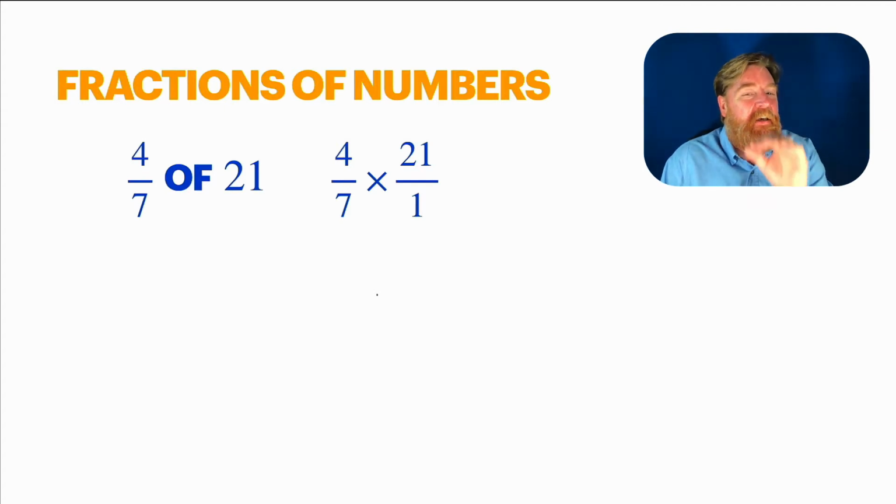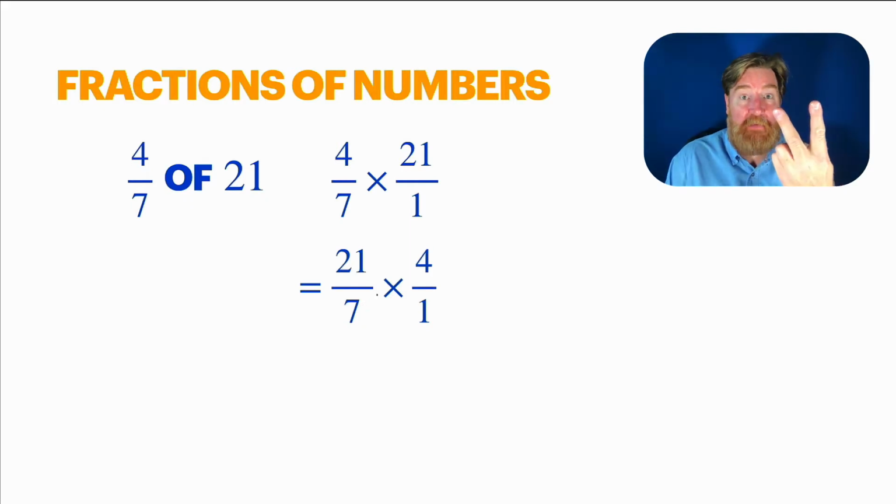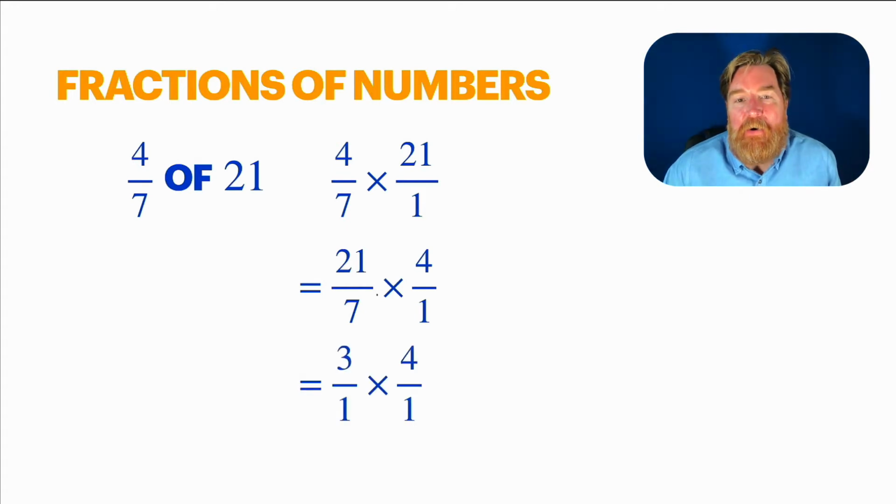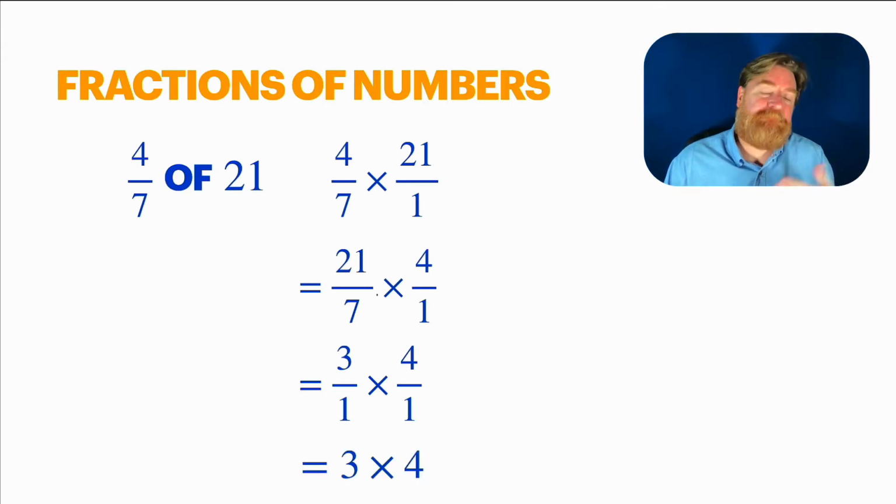And I see it would be nice to get that 21 and 7 together because I could simplify that pretty quickly, right? So let's use the commutative property and commute the top factors. So 4 times 21 is 21 times 4. You got that. Now, 21 over 7, well, that's just 3 over 1 times 4 over 1. That's really just 3 times 4, or 12.